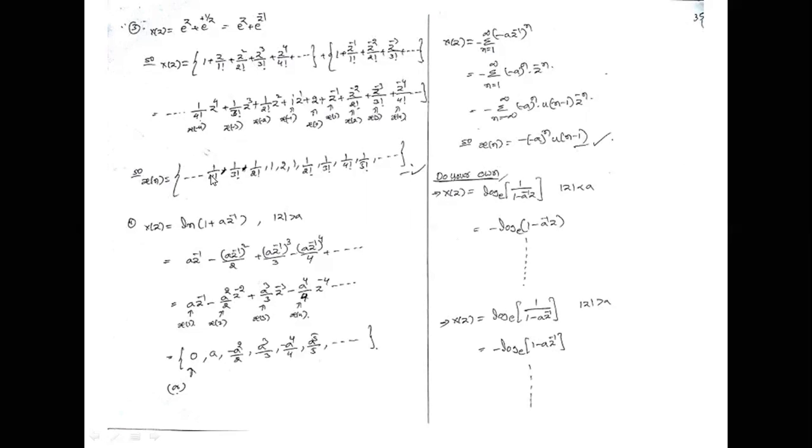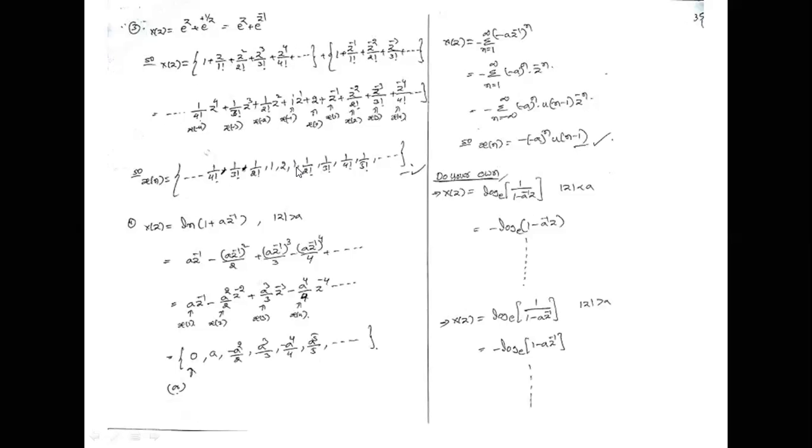For 4 it is 1 by 4 factorial, for 3 it is 1 by 3 factorial, for 2 it is 1 by 2 factorial, and z power 1 is 1. Here is a 1 and the 1. Both are 0 values only. In this summation, it starts from 0 here, and in this summation, it also starts from 0. So 1 plus 1 you can write as 2.